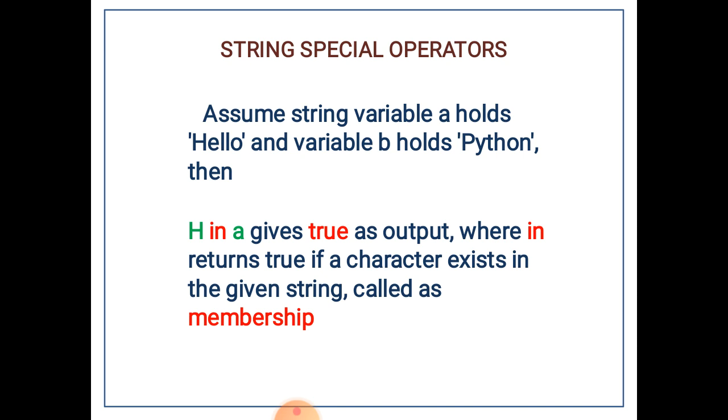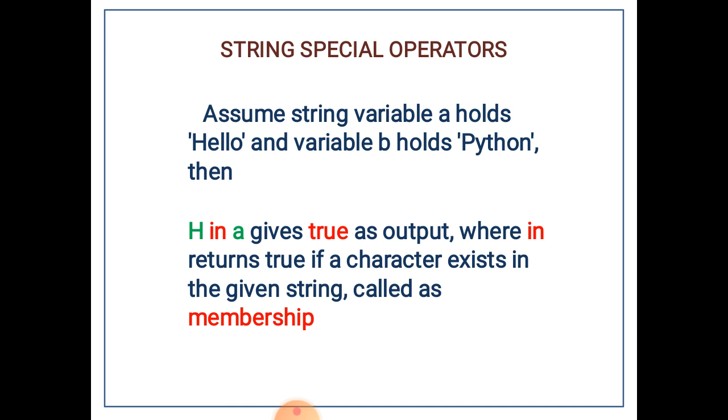H in a means we are checking whether the character h is present in the variable a, because a contains the string hello. So obviously h will be in a, so it gives true as the answer.